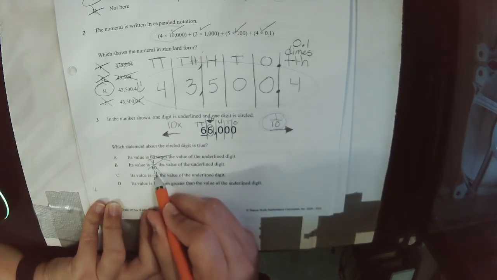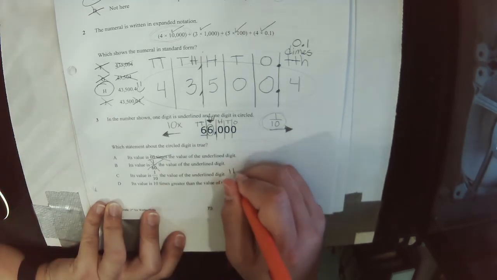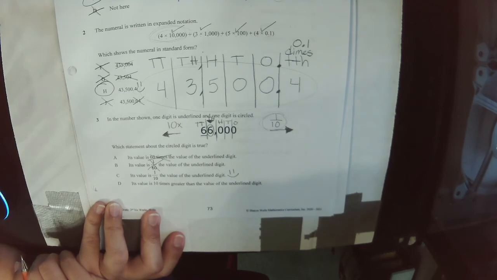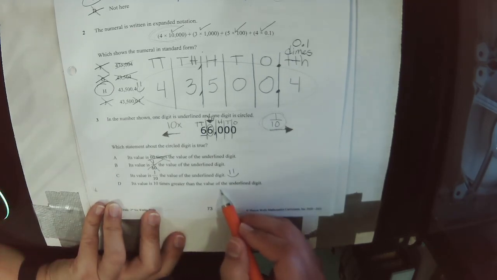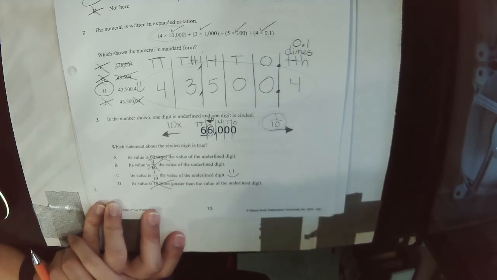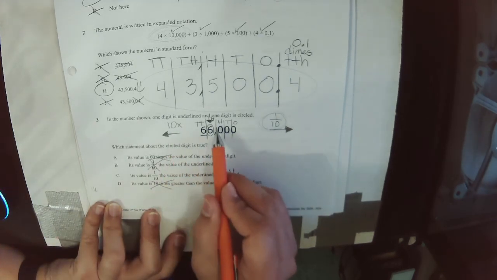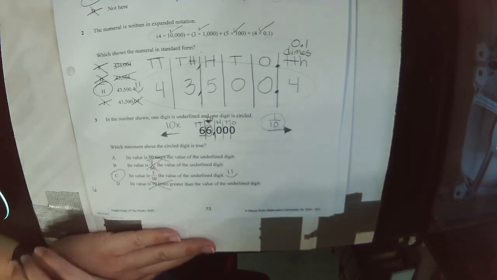C, its value is 1/10 the value of the underlined digit. This one is what I'm looking for. D, its value is 10 times greater than the value of the underlined digit. No, not 10 times, because it's not the bigger place value. My answer should be C.